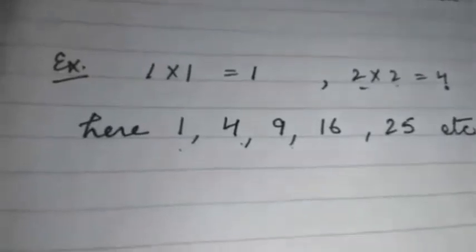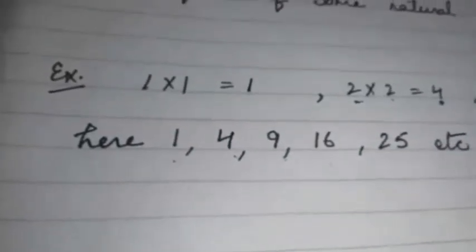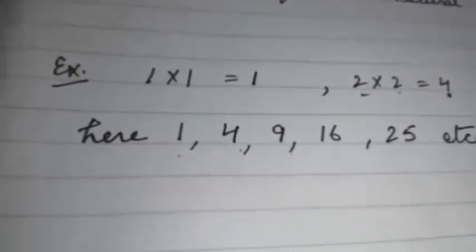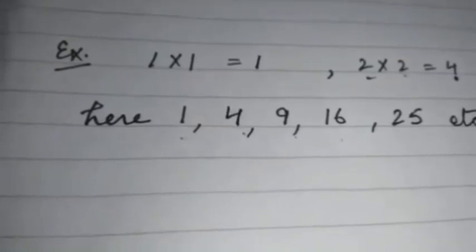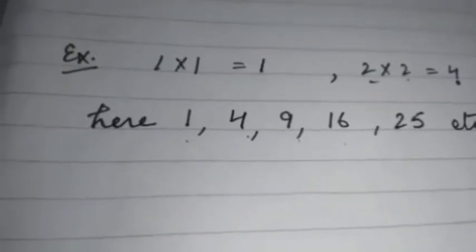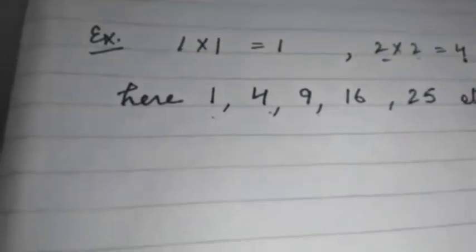These were all examples of perfect squares. If you multiply 5 into 5, you'll get 25, so 25 is a perfect square number. If you multiply 6 into 6, you will get 36, so 36 is called a perfect square number.